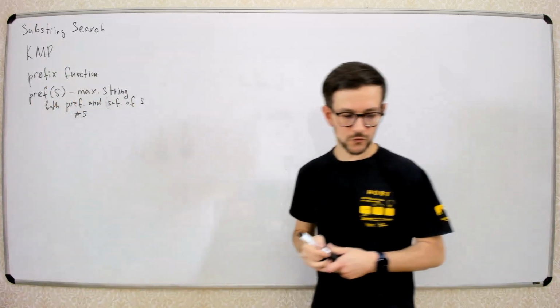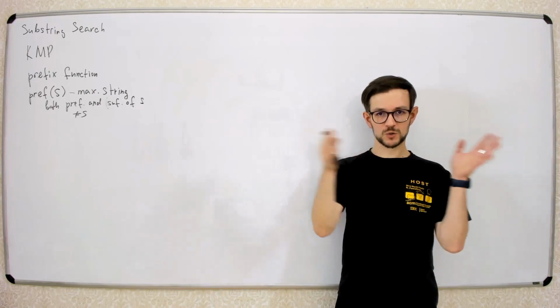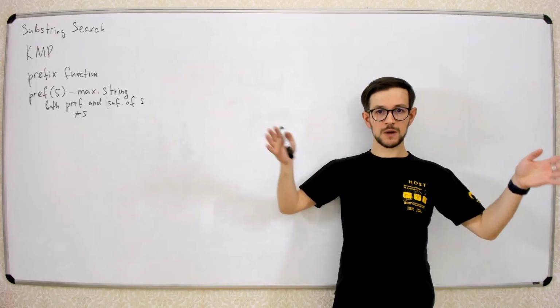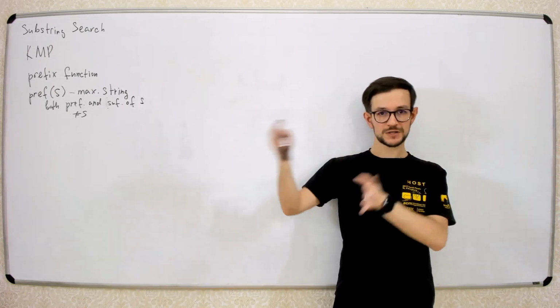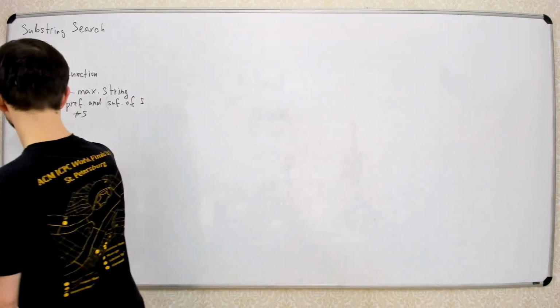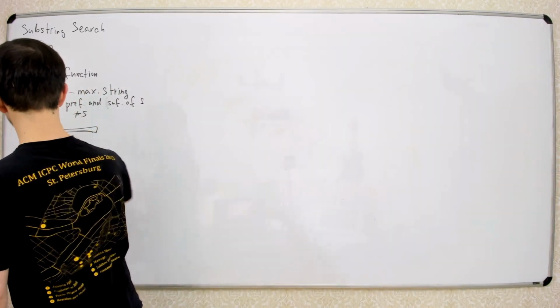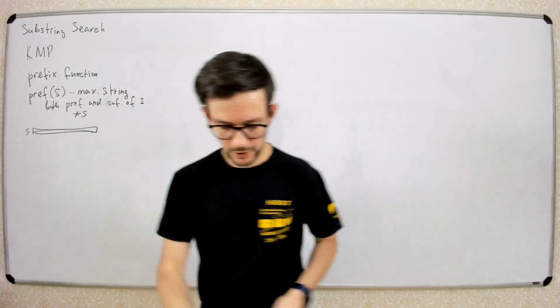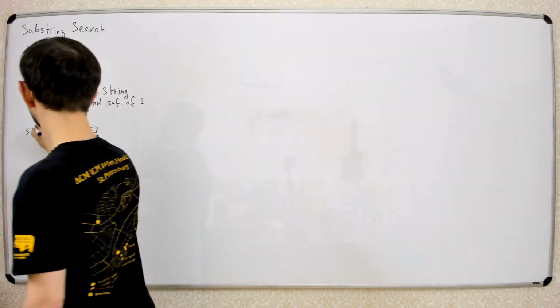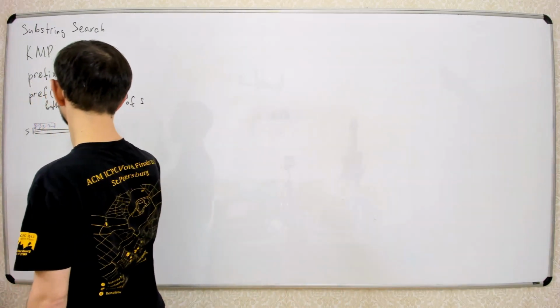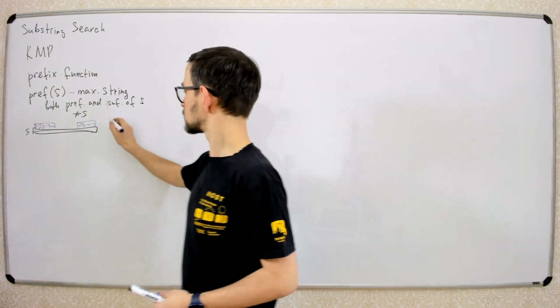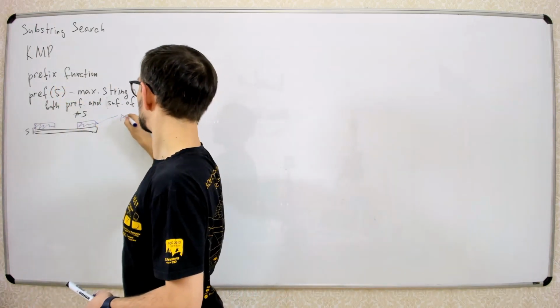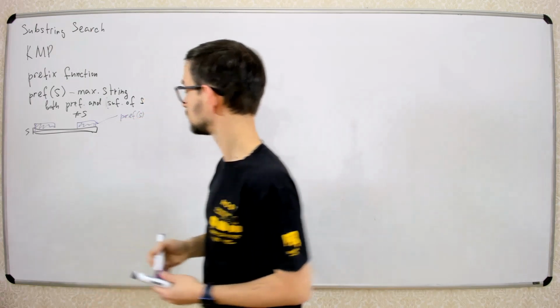So for the string we need to find the largest string which is not equal to the whole string s, but which is the prefix of the string and also the suffix of the string s. Let me draw a picture. We have the string s. We need to find some substring which is here and also here. So this will be the pref of s.